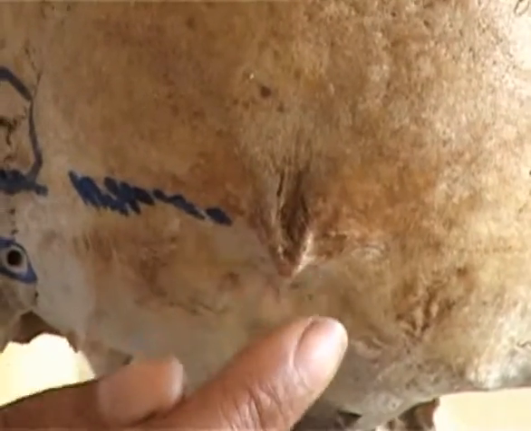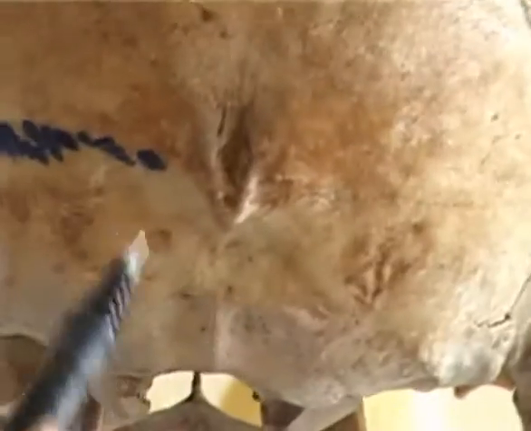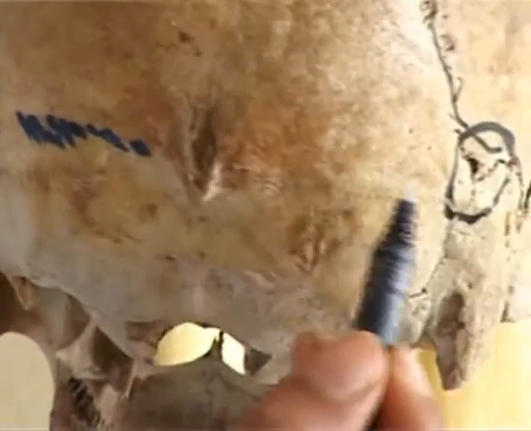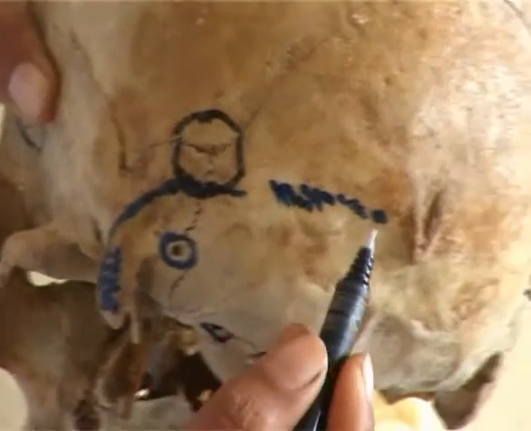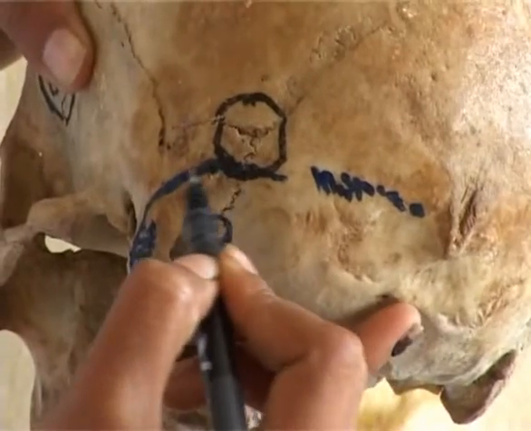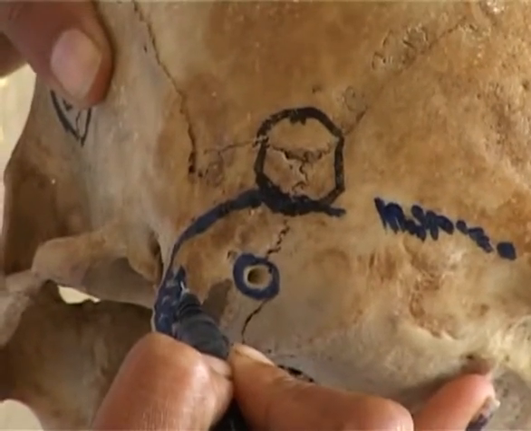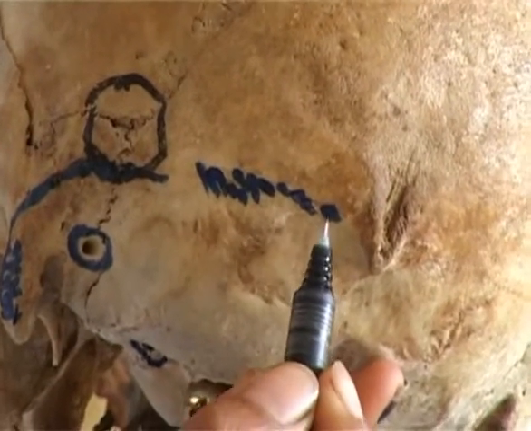It is also known as the inion. Extending laterally on each side are superior nuchal lines which give attachment to sternocleidomastoid laterally, which is known as the chin turning muscle, and trapezius medially, which is known as the shrugging muscle.